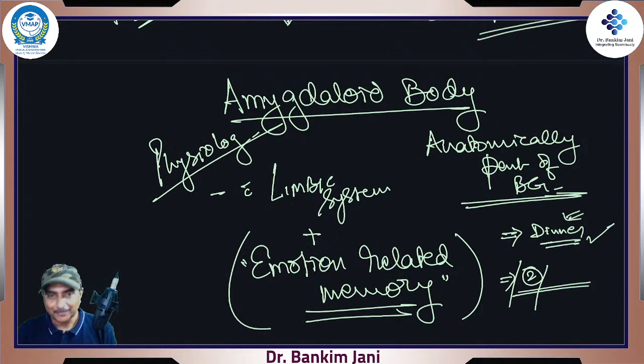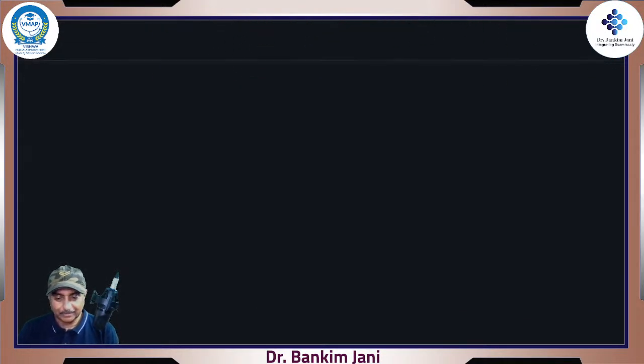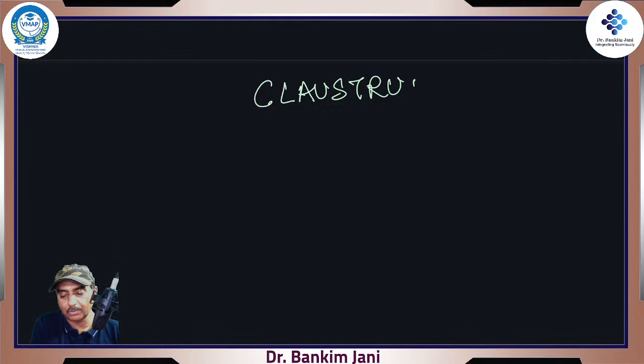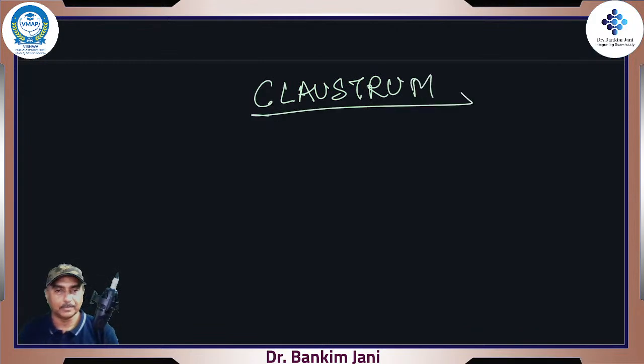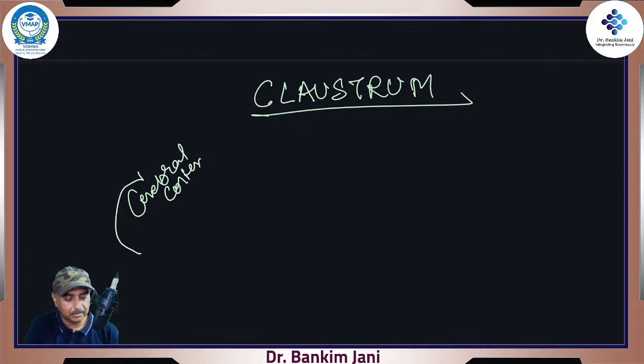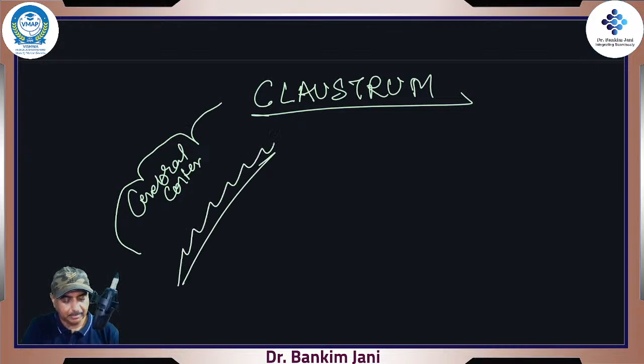Okay. The next one, which we must know, is claustrum. We said that it is like a wall of the brain. So there is the cerebral cortex, and then that's claustrum.